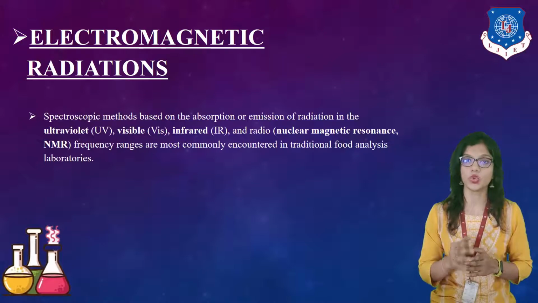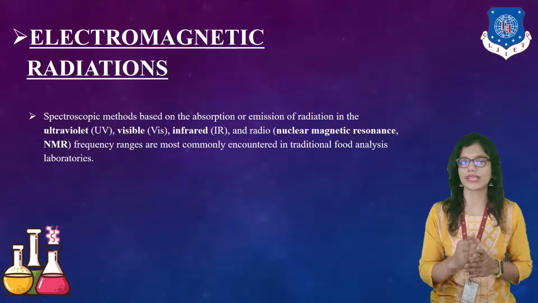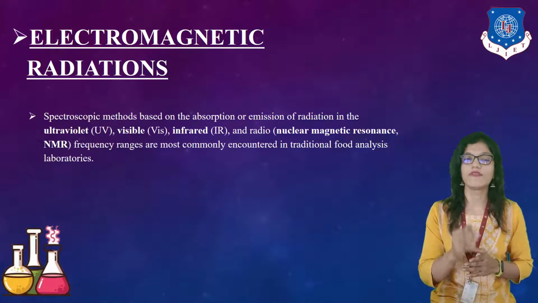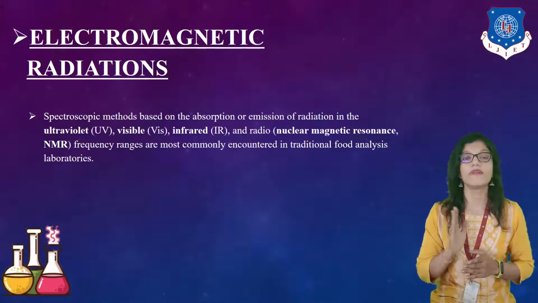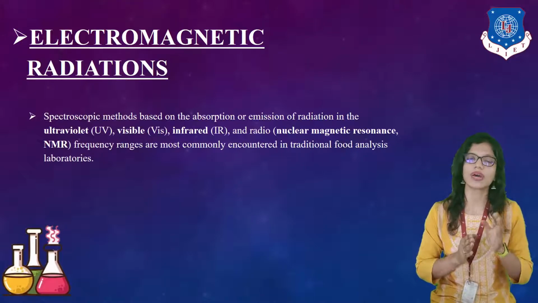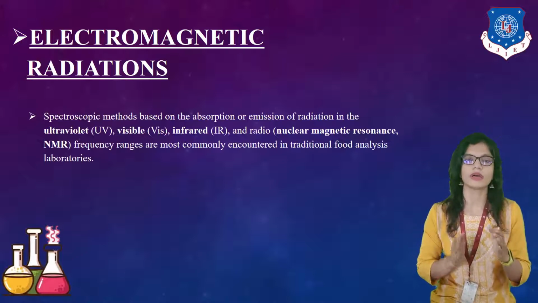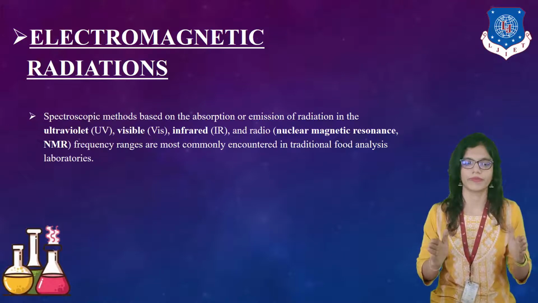When the ultraviolet region is used, it is known as UV spectroscopy. When we use the visible region, it is known as visible spectroscopy. When we use UV and visible together, it is known as UV-Vis, ultraviolet-visible spectroscopy.